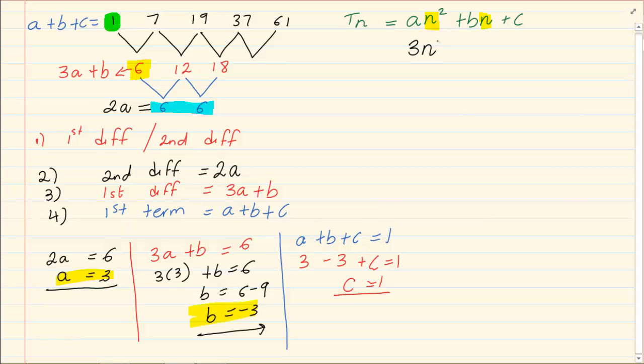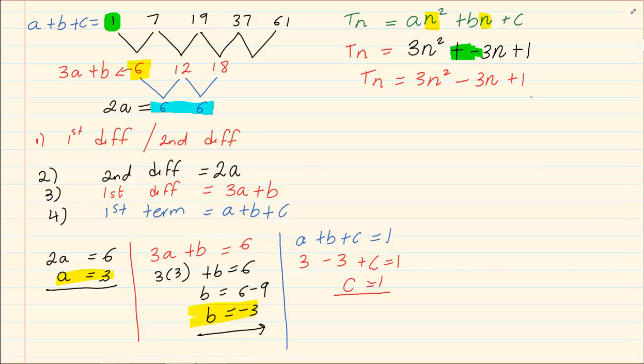So we have 3n squared plus b, which was minus 3n, and then c, which was plus 1. Now because we have a plus and a minus next to each other, we know that gives us a minus. So our final equation is 3n squared minus 3n plus 1.